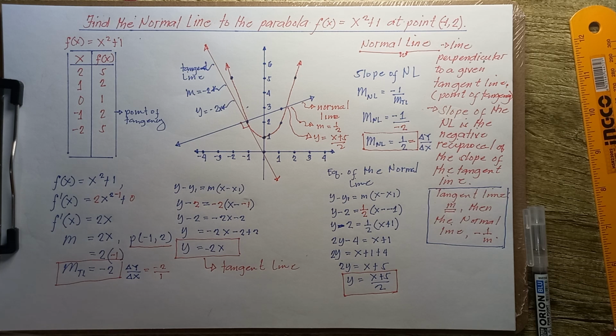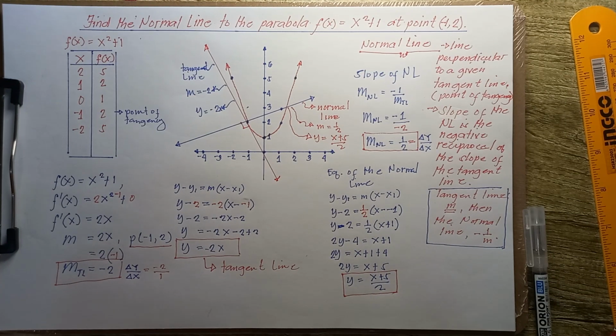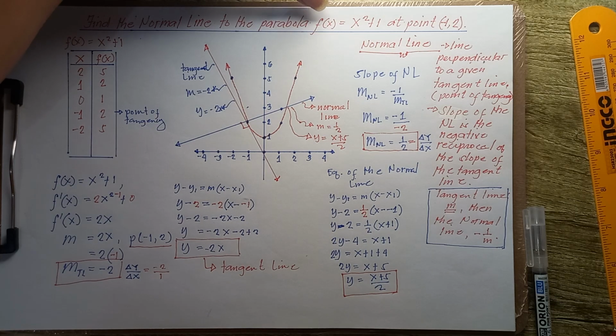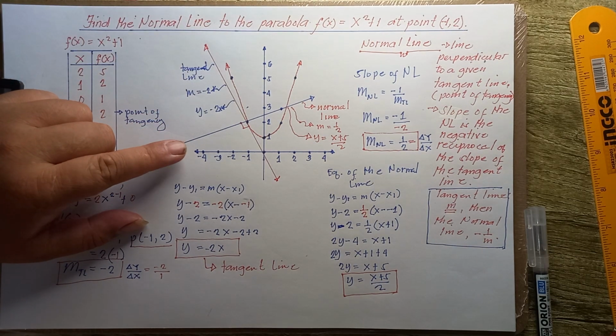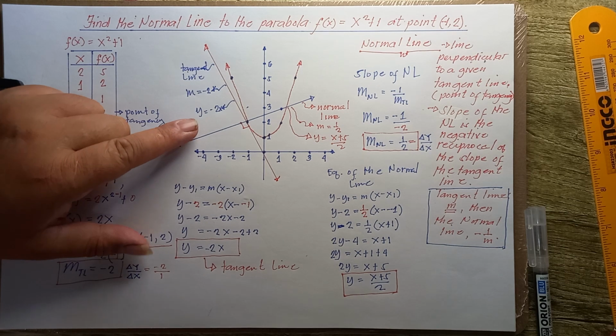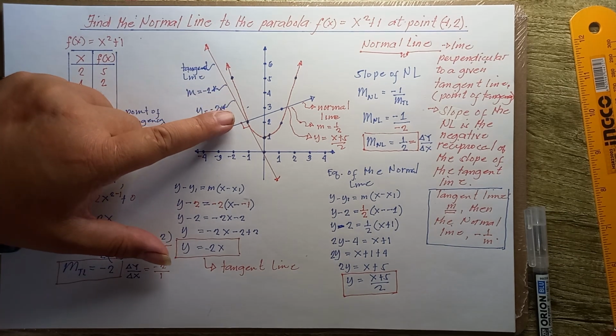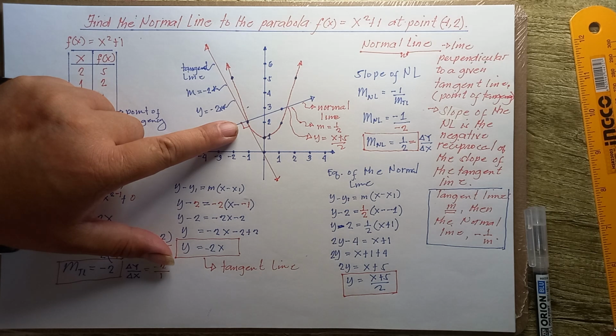I hope you understand how to graph the normal line and how to solve for the normal line. To solve for the normal line, first we have to look for the derivative of the given parabola or given curve. Then identify the slope of the tangent line at the point of tangency.